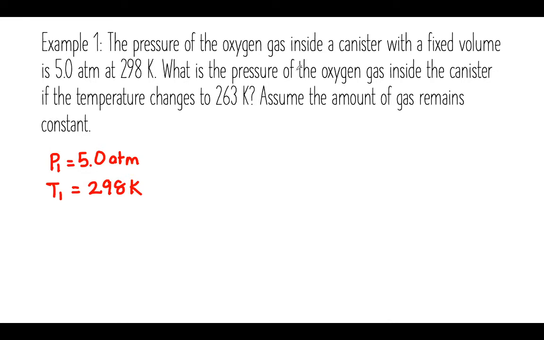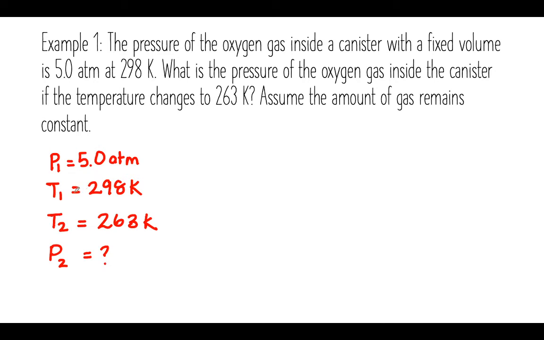What is the pressure of oxygen gas inside the canister if the temperature changes to 263 Kelvin? So there is a new temperature, T2, 263 Kelvin, and they're asking us to find the pressure when the temperature is 263. So pressure P2 is equal to question mark.